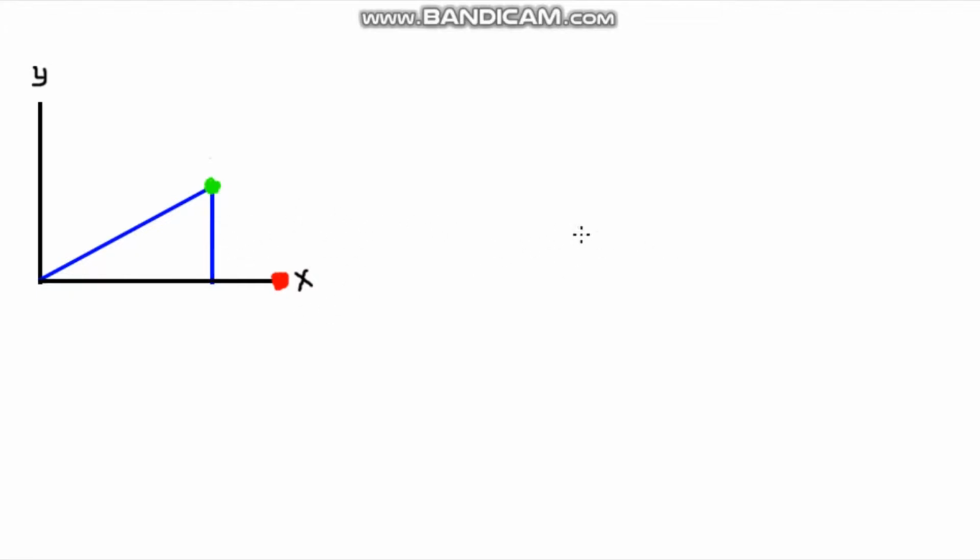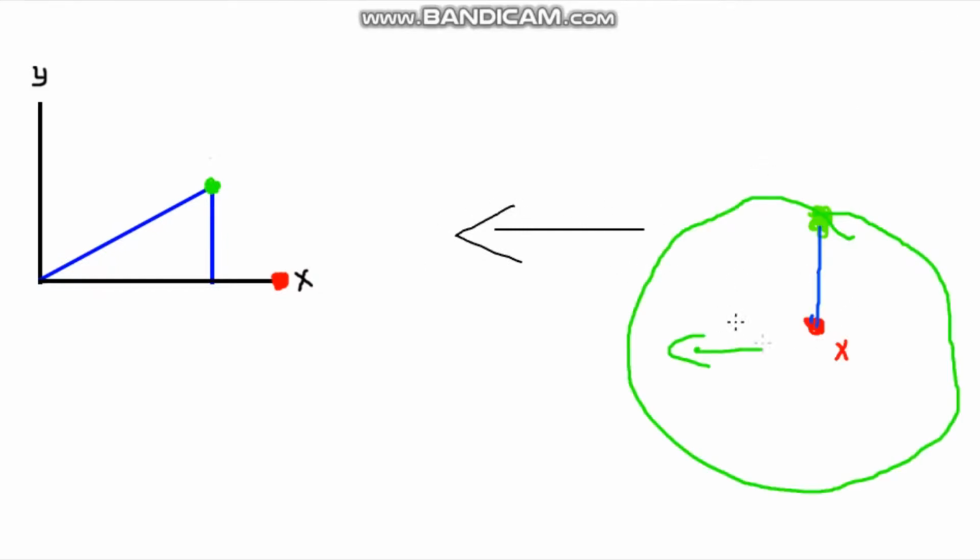So let's change perspective. Instead of looking at it from this perspective, let's look at it from the sideways perspective. You will get something like this if you look at it from the side. As you can see, on the x-axis I had this red point, which is right here. This is the x-axis. We can't see the x-axis line because that red point is hiding it.